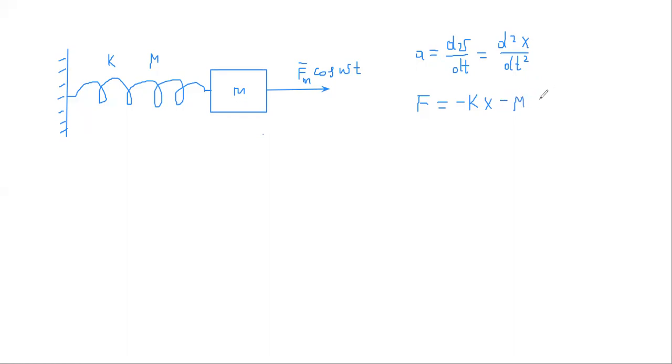Force of resistance is equal to some coefficient of resistance multiplied by the first derivative of coordinate by time, plus Fm multiplied by cosine of omega t.